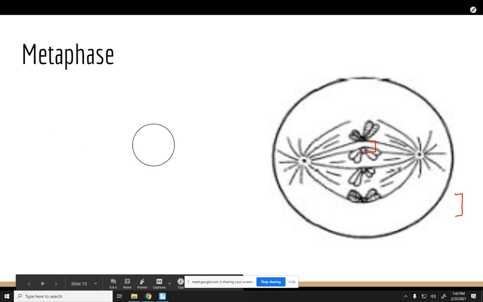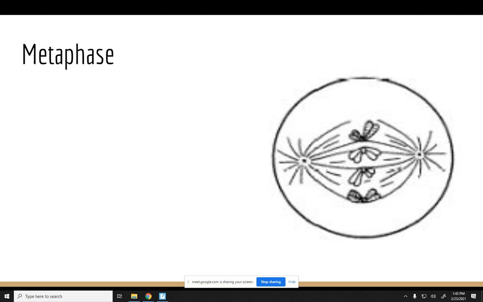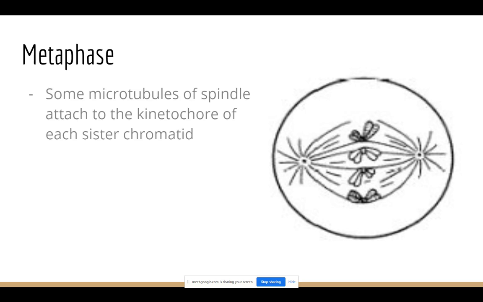Then we move into metaphase, probably the most easily recognizable of the phases. As the chromosomes start moving throughout the cell, they attach at those kinetochores to the spindle. And so like you saw in that chromosome diagram we were just labeling, the microtubules of the spindle attach to each of the sides of that chromosome, to each sister chromatid.